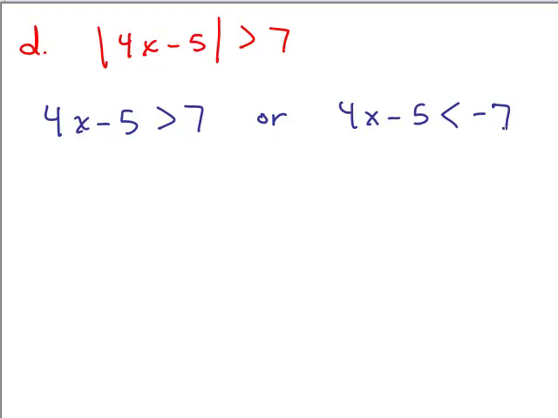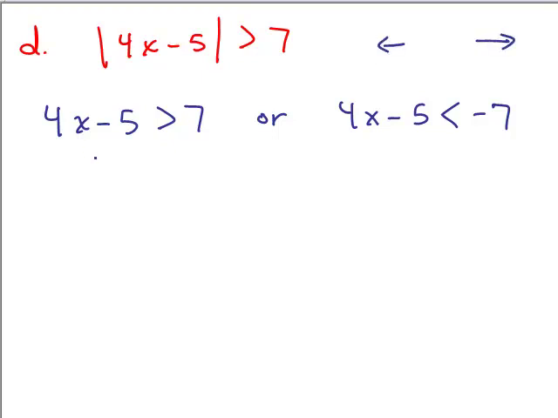When it's a greater than, you have to break it up into two pieces. You put the or between the two problems, because the distance here has to be more than 7 spaces away. So you'll see something with arrows going in opposite directions, basically.